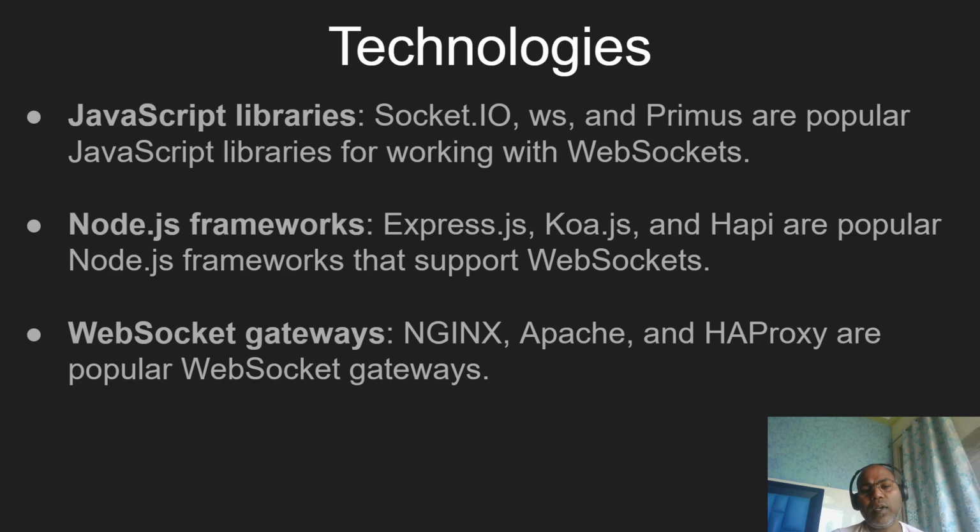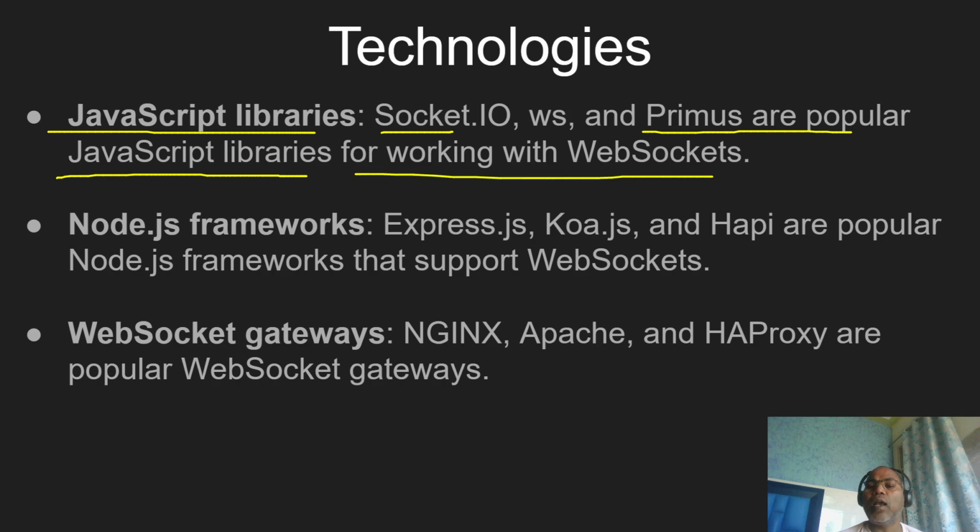There is a lot of technology nowadays that helps us build WebSocket applications. Lots of JavaScript libraries are available; Socket.io and Primus are popular JavaScript libraries that help us easily make communication over WebSocket.